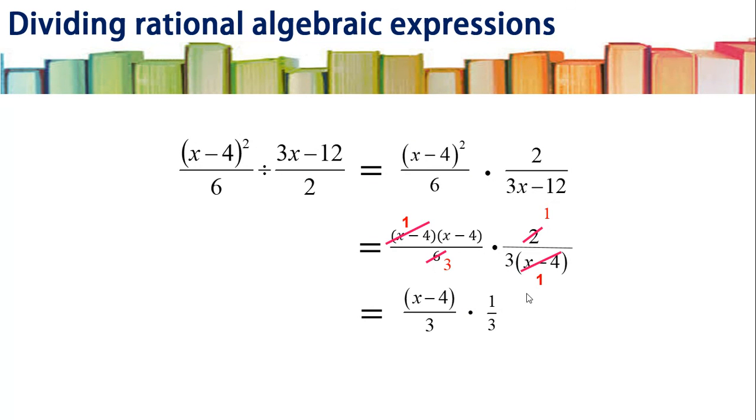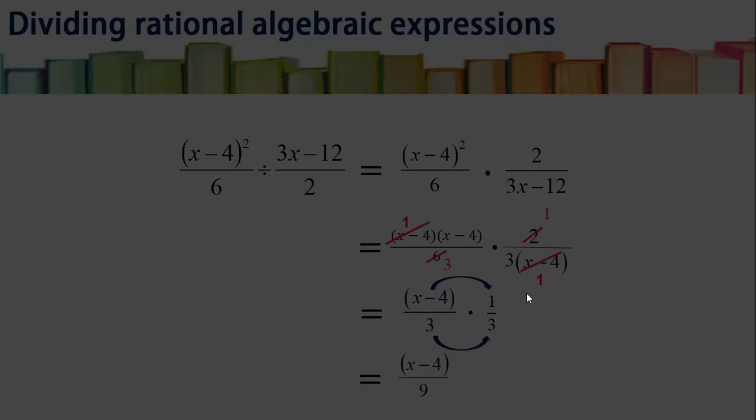So, we have x minus 4 over 3 times 1 third. So, x minus 4 times 1, that is x minus 4, over 3 times 3, that is 9. And this answer is already in simplest form also.